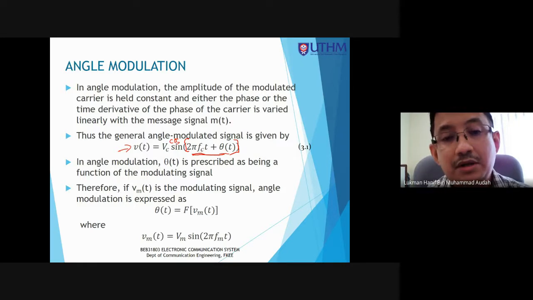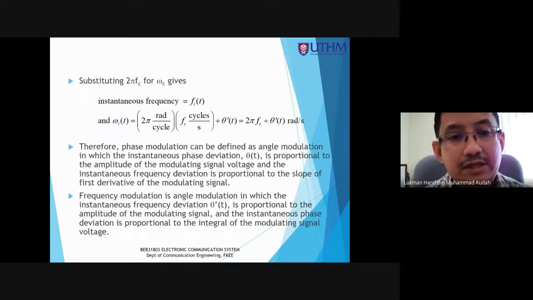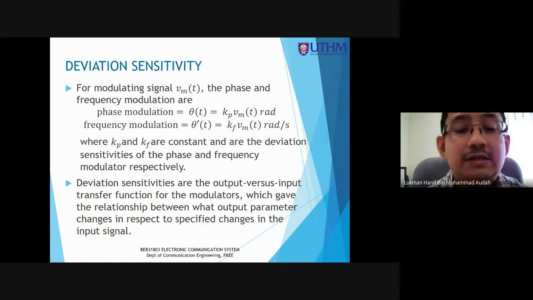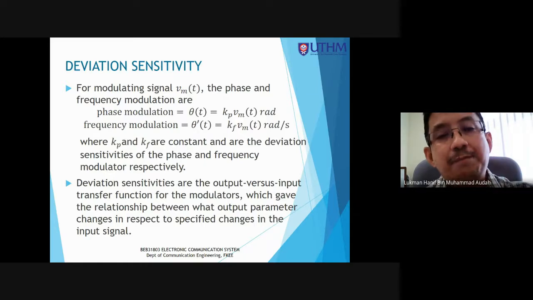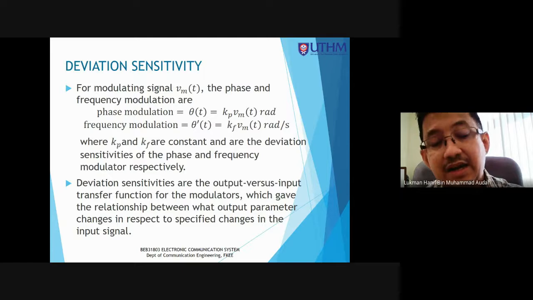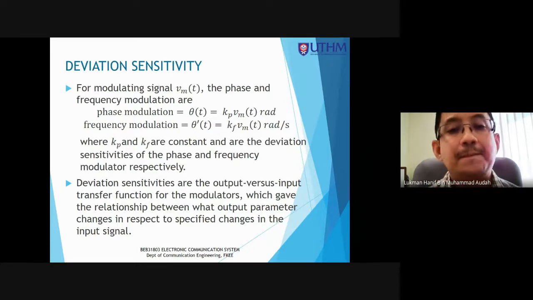And what is theta t? From the general equations, theta t will change in accordance with the amplitude variation of the input signal. Theta t ini berubah-ubah berkadaran dengan perubahan amplitude daripada information signal.